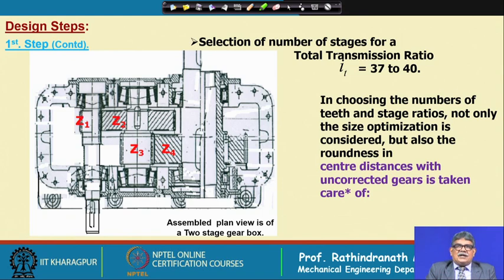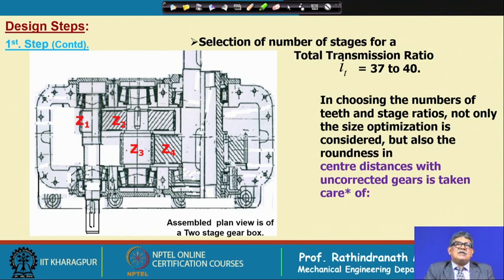Now, with uncorrected gears, to make the center distance a multiple of 5 millimeter, we have to choose the helix angle and number of teeth in such a way that they are within limits as well as satisfy the center distance. This is one part.